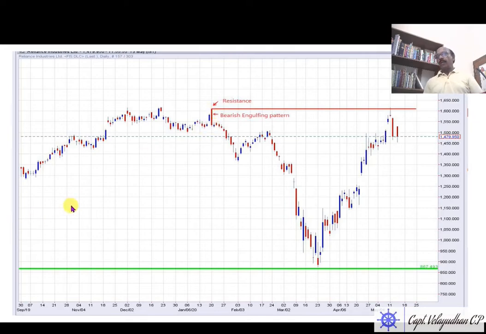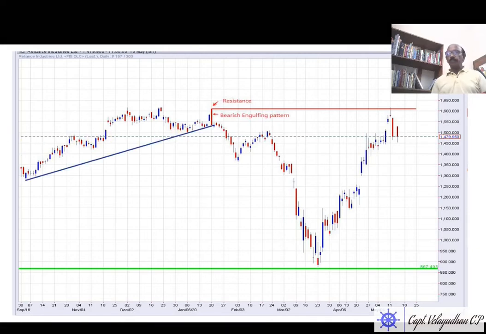Before this, the market was in a good uptrend. If you draw a trend line, the market was in an uptrend, and here this engulfing pattern breached the trend line.